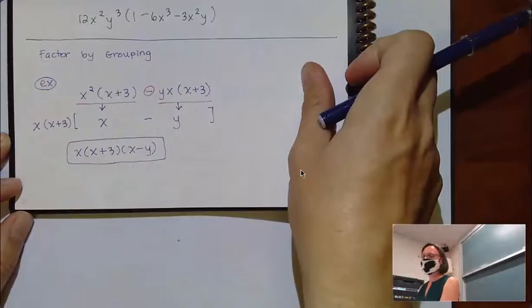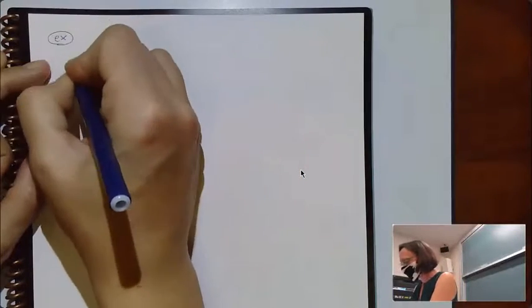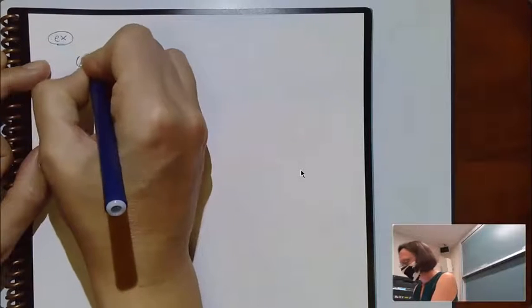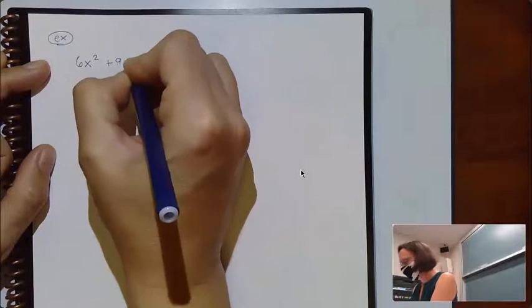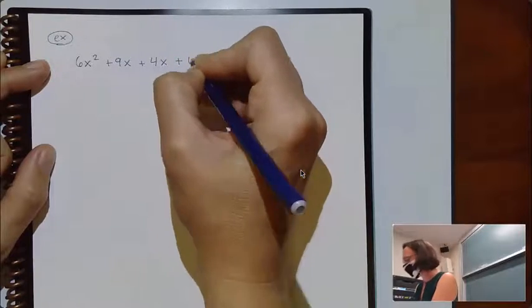I'm gonna flip the page. I'm looking at 6x squared plus 9x plus 4x plus 6.